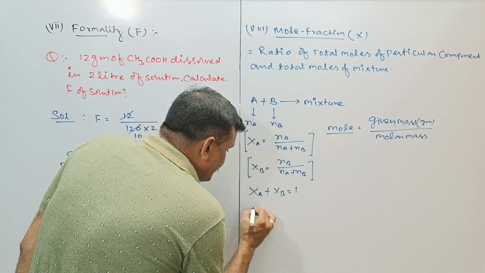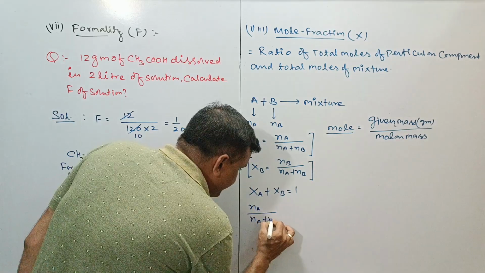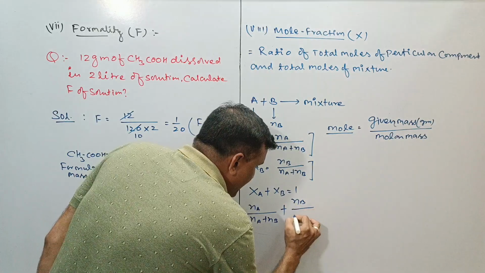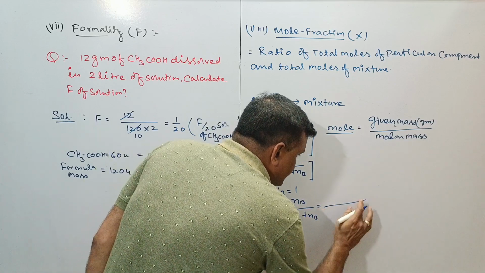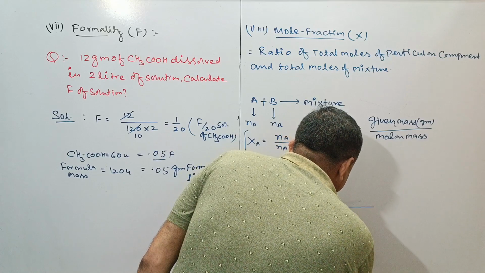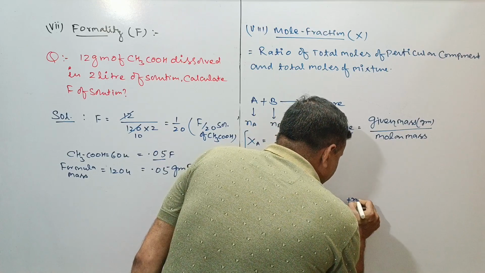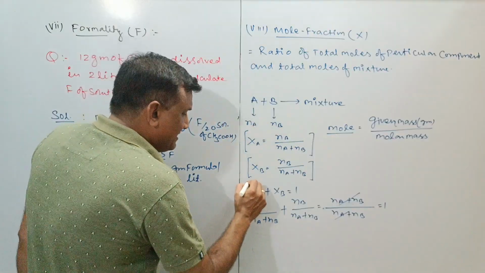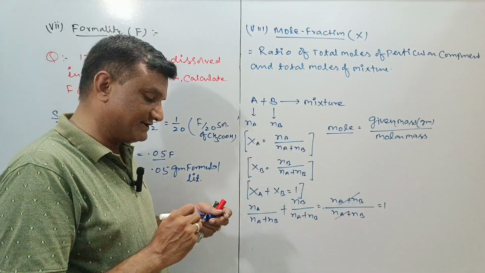XA is equal to Na upon Na plus Nb. Here is the plus, this is XB, meaning Nb upon Na plus Nb. The LCM is Na plus Nb, so Na plus Nb cancels, and it will be 1. That's why we always use XA plus XB is equal to 1. This was about mole fraction.